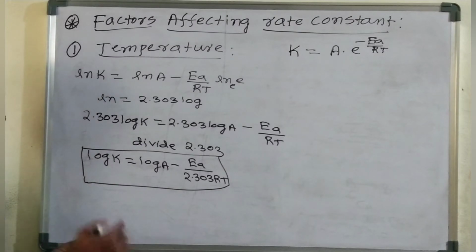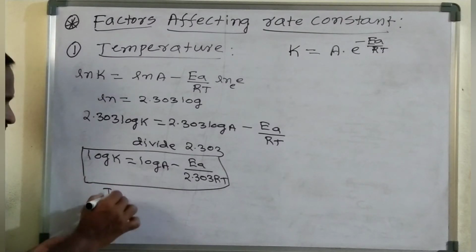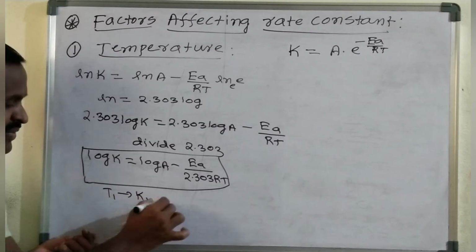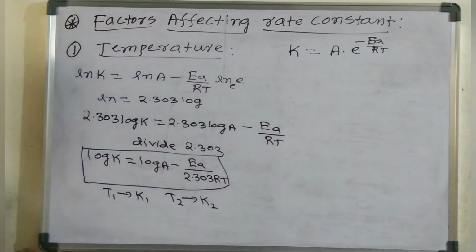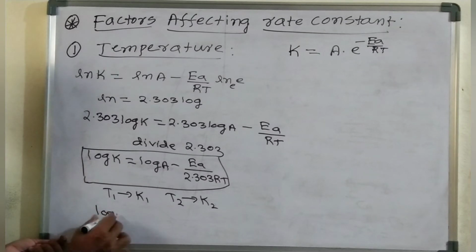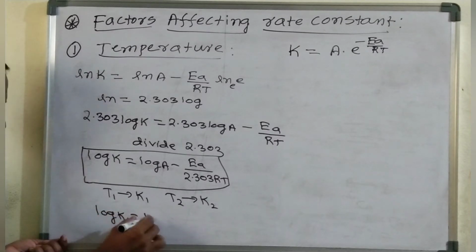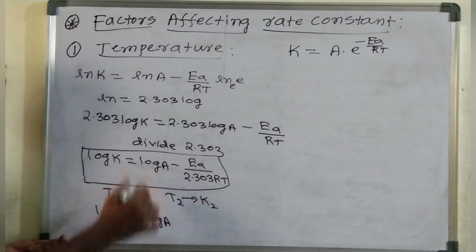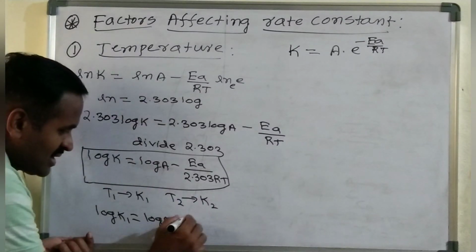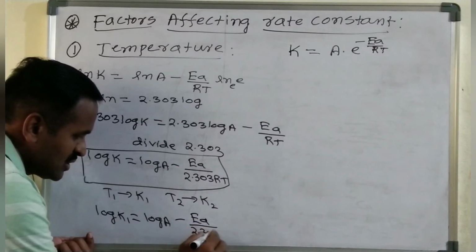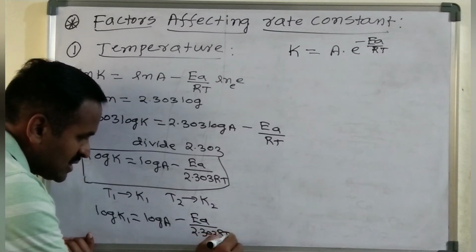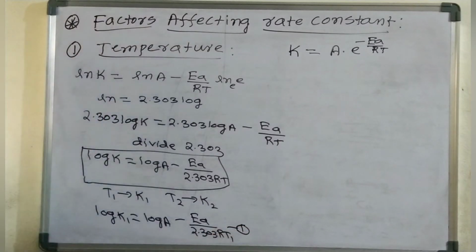Now, at a temperature T1 the rate constant is k1, and at a temperature T2 the rate constant is k2 for the same reaction. You can write two different conditions for the above equation. I can write log k1 = log A - Ea/(2.303 R T1), since the Arrhenius constant is going to be constant. Let us take this as equation 1.